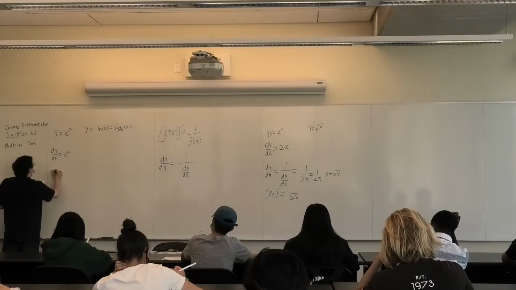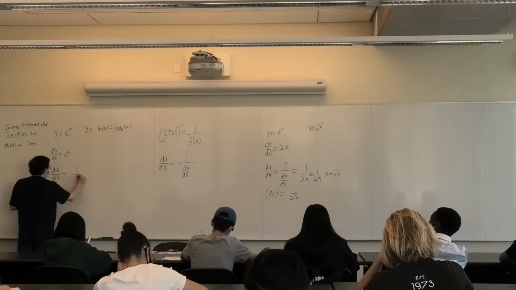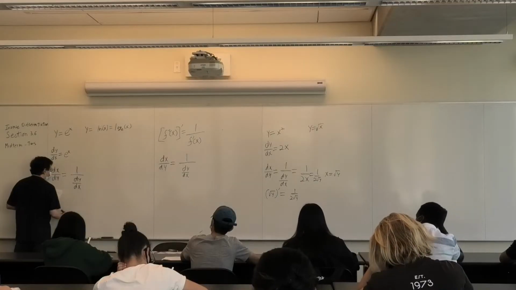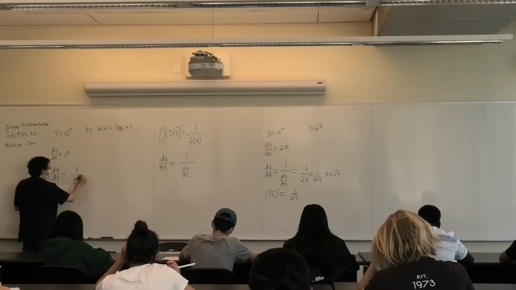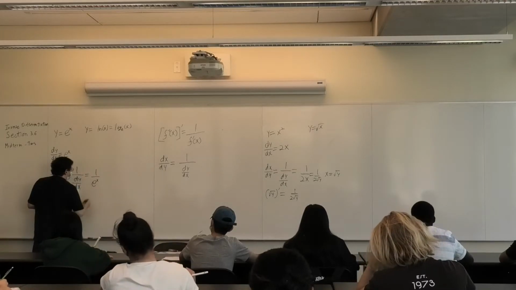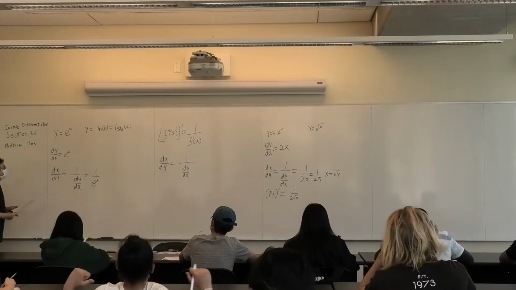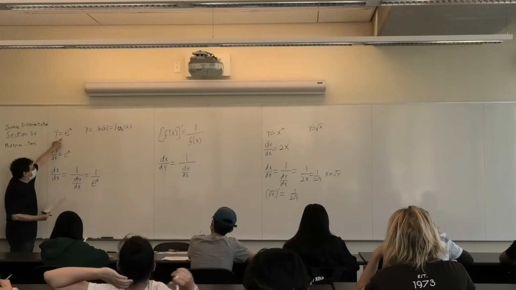All right, so dx/dy is going to equal 1 over dy/dx. And that's just equal to 1 over e to the x. What does e to the x equal?